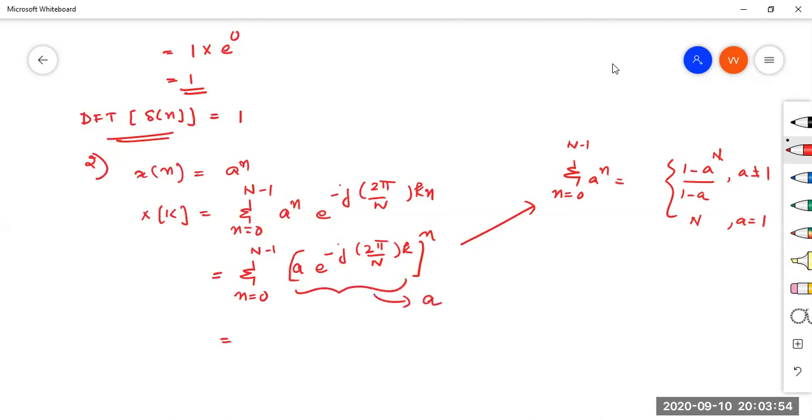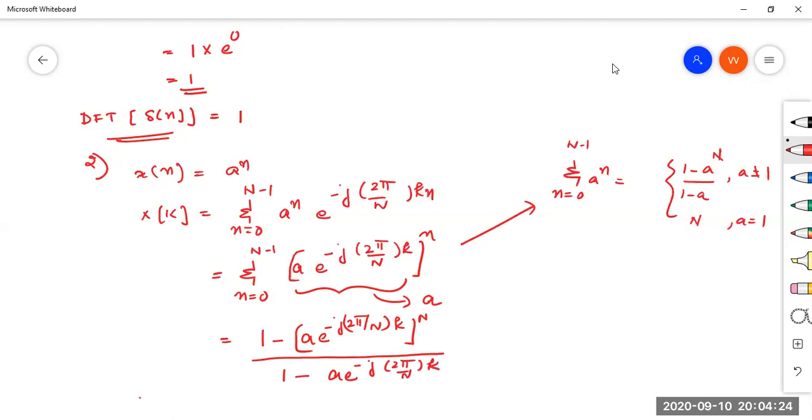So what will be the answer for summation n equal to 0 to N minus 1, a e raised to minus j 2 pi by N k, all raised to n? The answer will be 1 minus, instead of a, this term will come, all raised to capital N, divided by 1 minus a e raised to minus j 2 pi divided by N k.